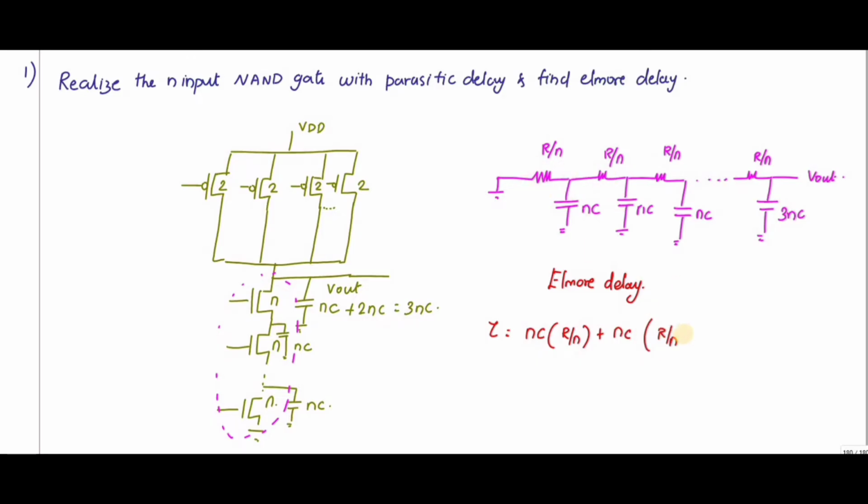For the next one it is nC into R by n plus R by n, and it goes on, up to R by n plus R by n into 3nC.